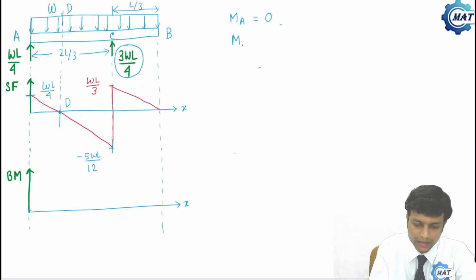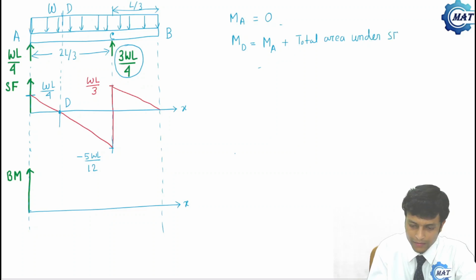So first let us calculate MD. MD is MA plus the total area under the SFD between A and D.